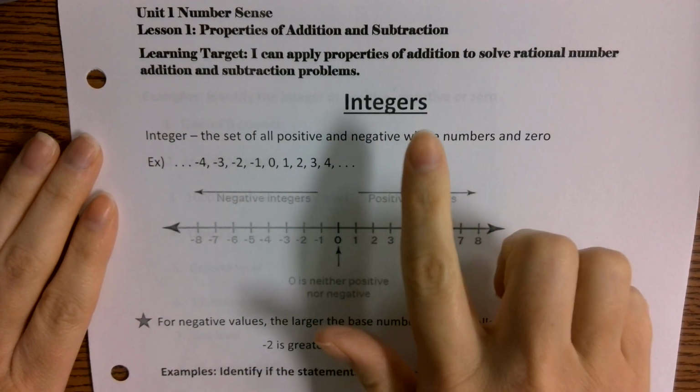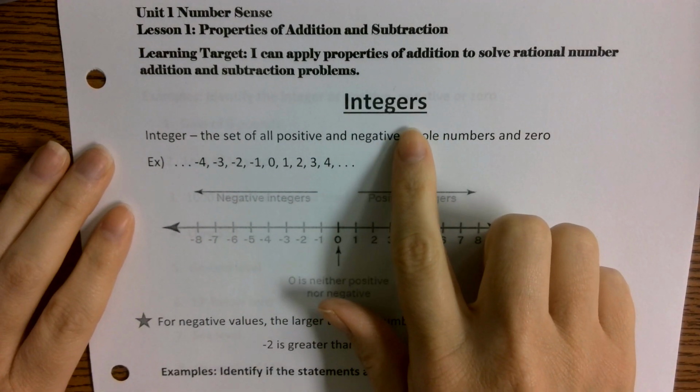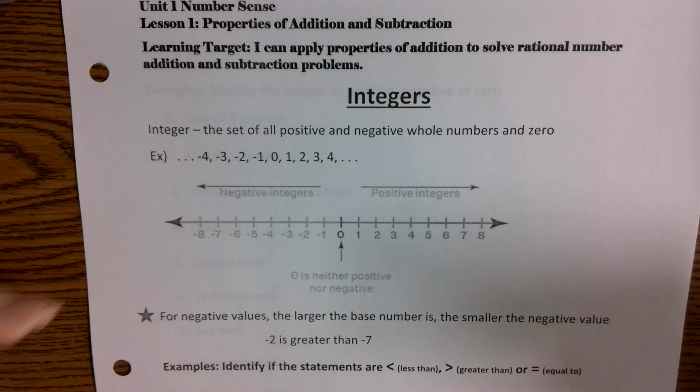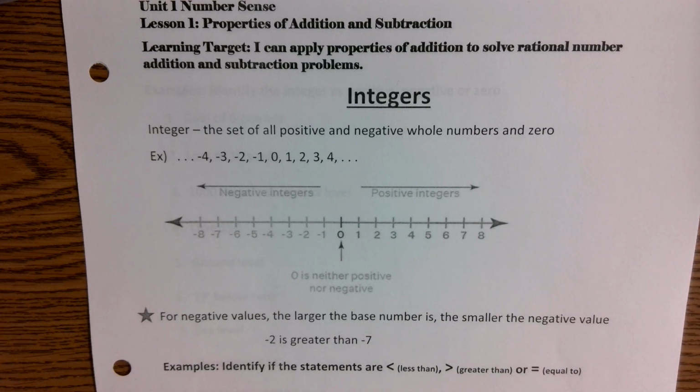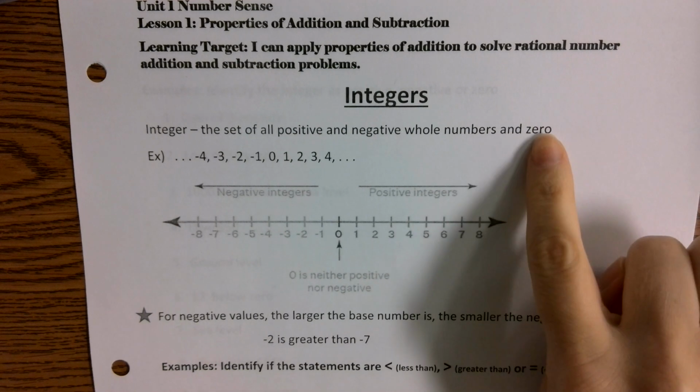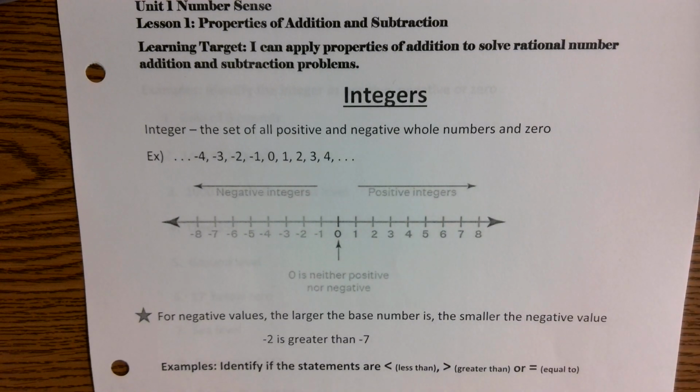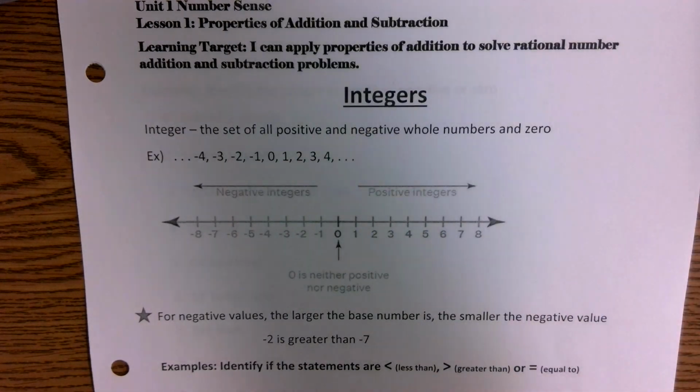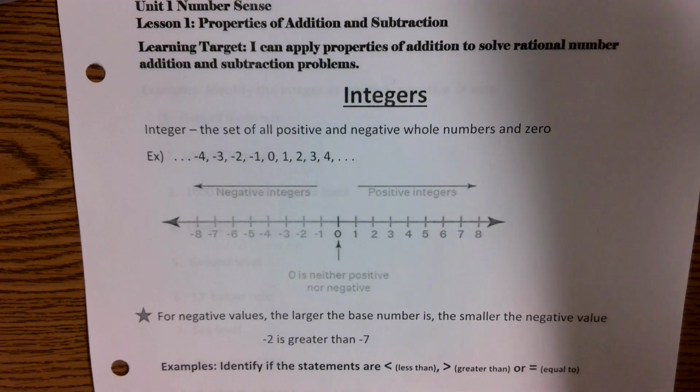The concept of an integer. So for the concept of an integer, integers is just the set of all your positive and negative whole number values, and it also includes 0. 0 is not considered to be positive or negative. It is its own type of value. It's neutral. Okay?